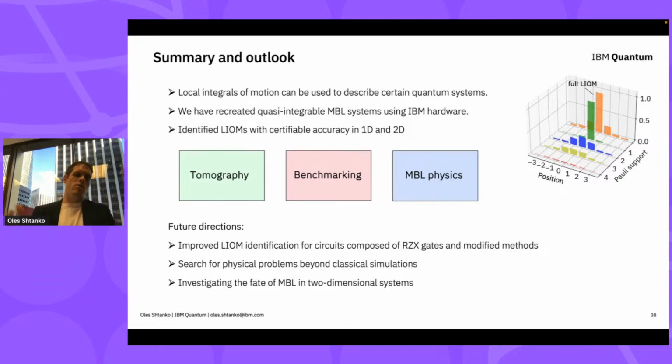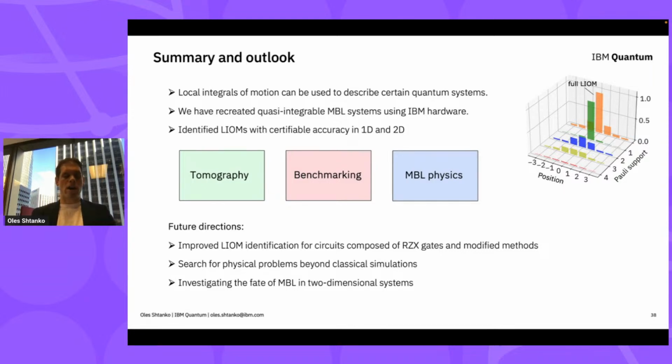And there are a lot of future improvements which we can do. We can do improvements in architecture. For example, we can replace our control Z gates by RZX gates, which have lower error and allow us to go to deeper circuits without compromising the quality of the observable.